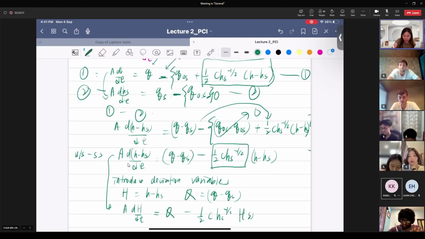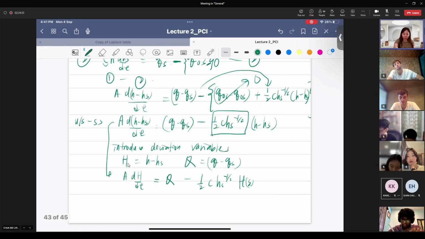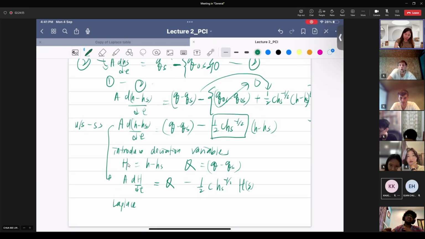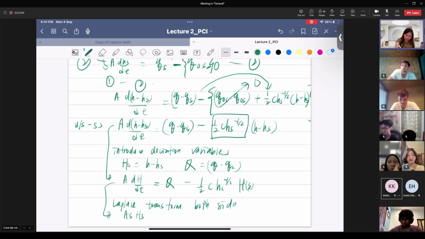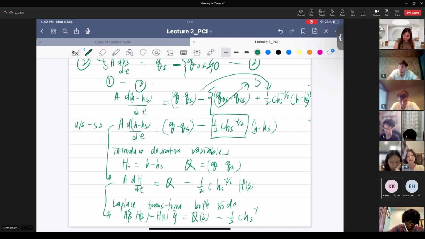Then HS. Then repeat Laplace transform both sides. Then you will get AS HS bracket minus H0, QS minus, all of these are constant, so don't touch.